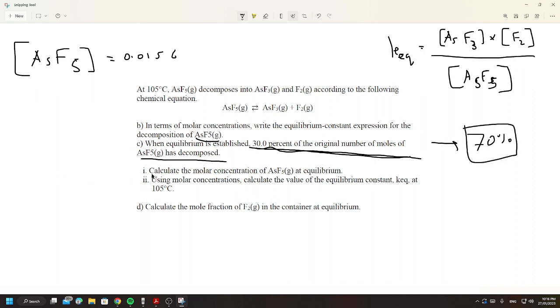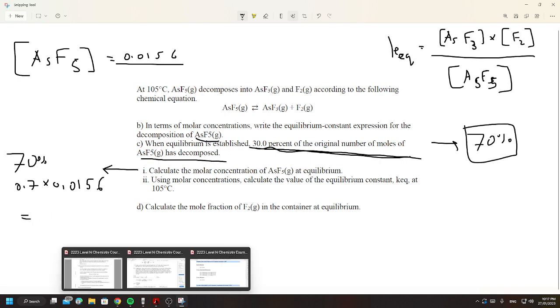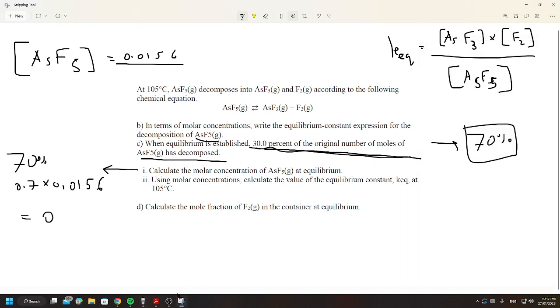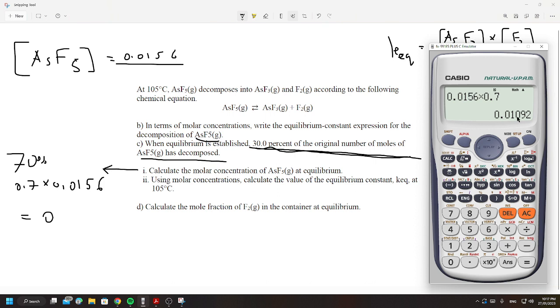So the molar concentration of ASF5 at equilibrium is just going to be 70%, or 0.7 times 0.0156, to give 0.01092.